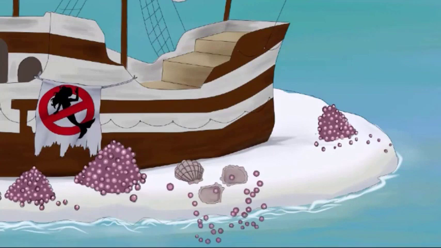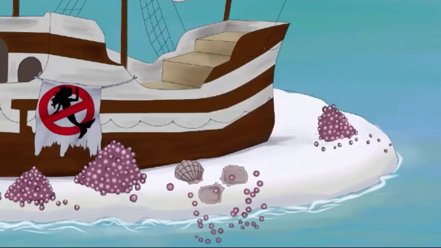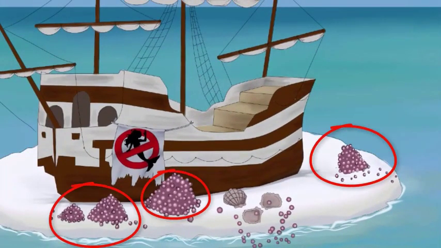And the final stage is the release of these newly replicated bacteria out of the cell. And now again they're in their elementary form, and this cycle repeats. In short, the elementary body is the infectious form, and the reticular body is the active dividing form, or elementary enters and reticular replicates.